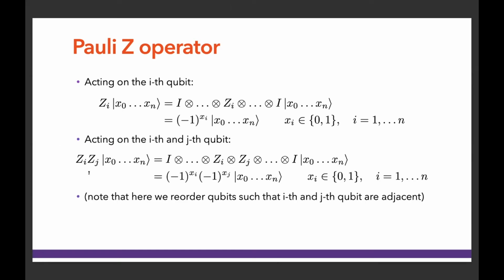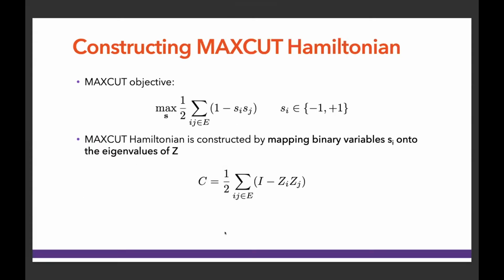Now, if we have a product of two, Zi Zj, acting on this computational basis state, then what we get out is -1 to the power of xi times -1 to the power of xj. Here we reordered the qubits so they're adjacent, so we can write this nicely when we pad it with enough identities on both sides. Okay, so this is Pauli Z.